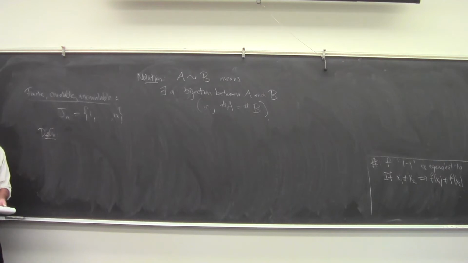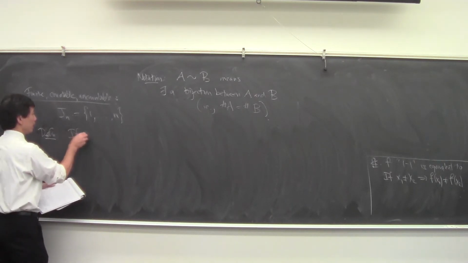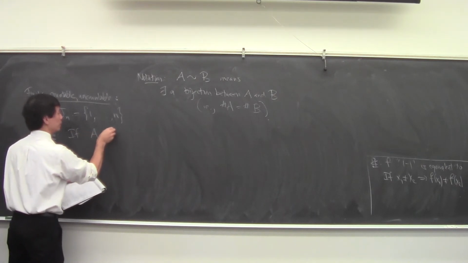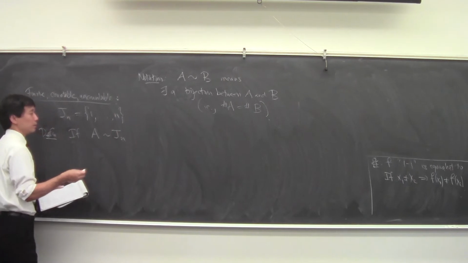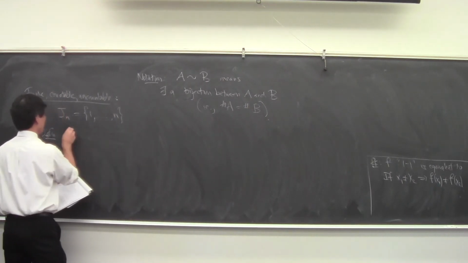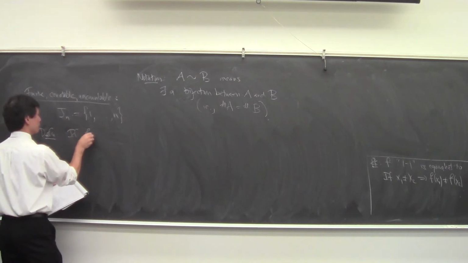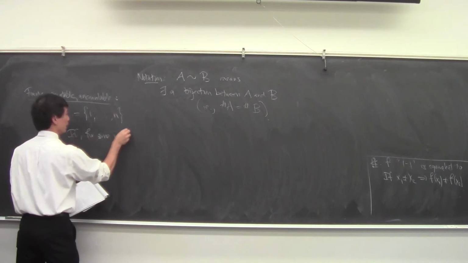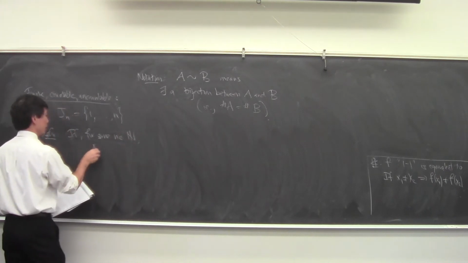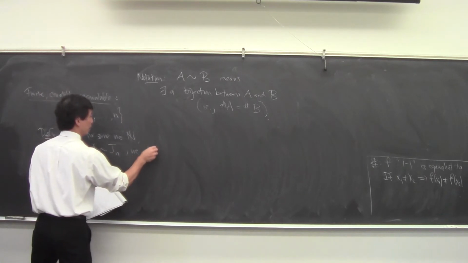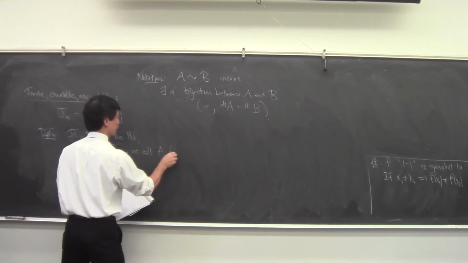Okay. So if A is equivalent to some J sub n, for some n in the natural numbers, we call A finite.